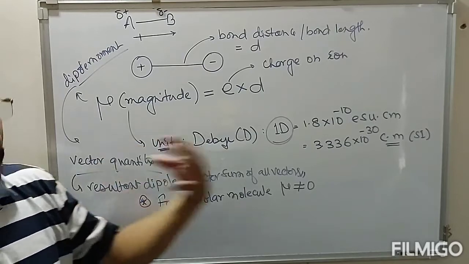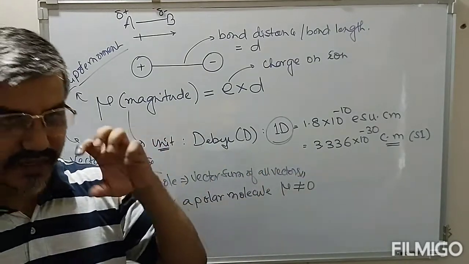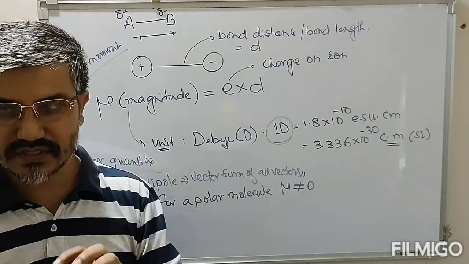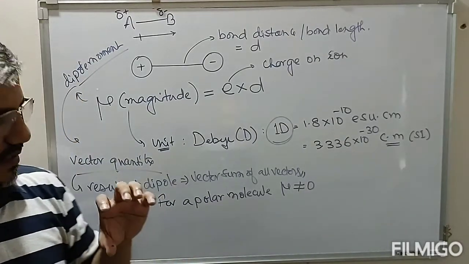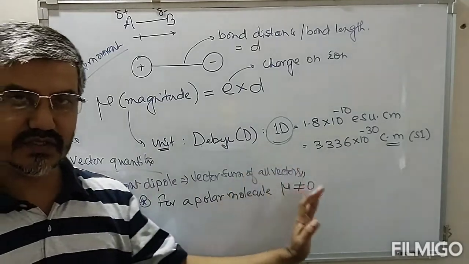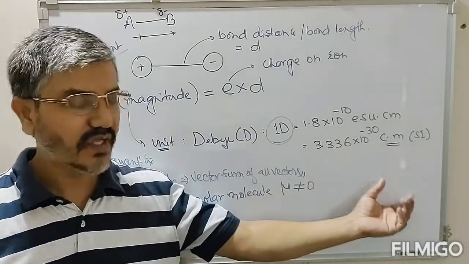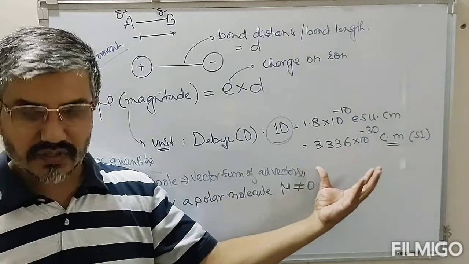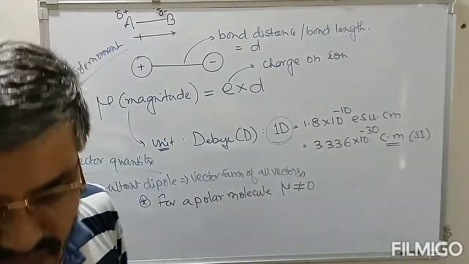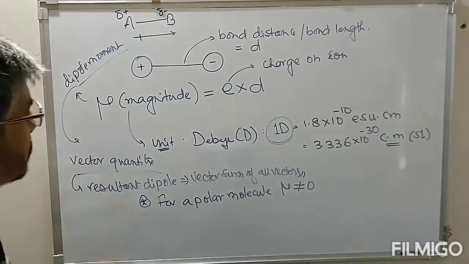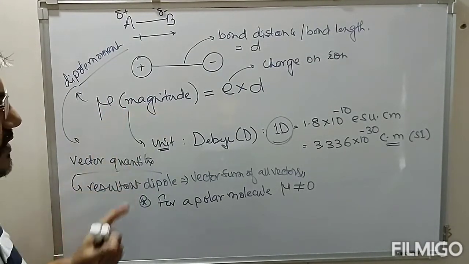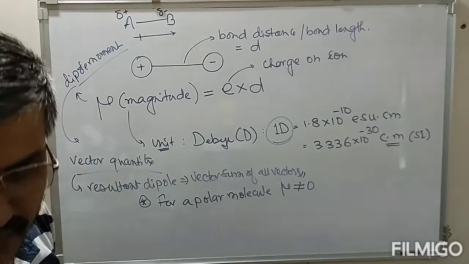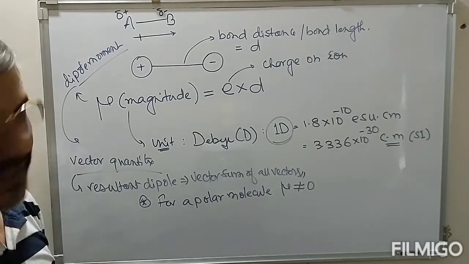So to define the polarity of the molecule, we have to find the resultant of the vectors present in the molecule. If that resultant is 0, then it is not polar. If it is some finite value, then we say this is a polar molecule. So coming to this, from this dipole moment we will define the percentage ionic character.